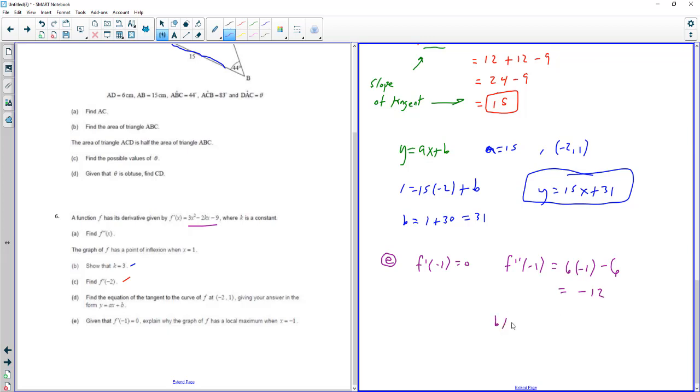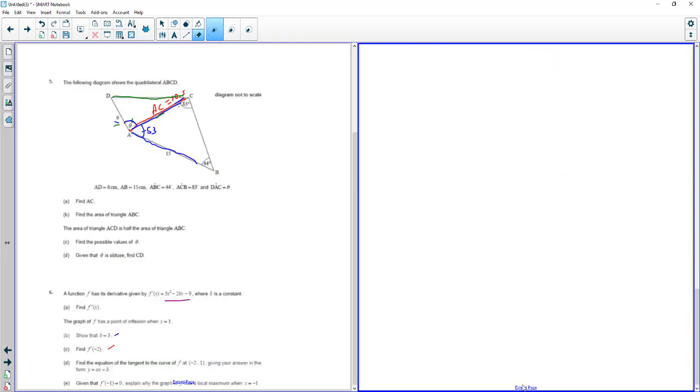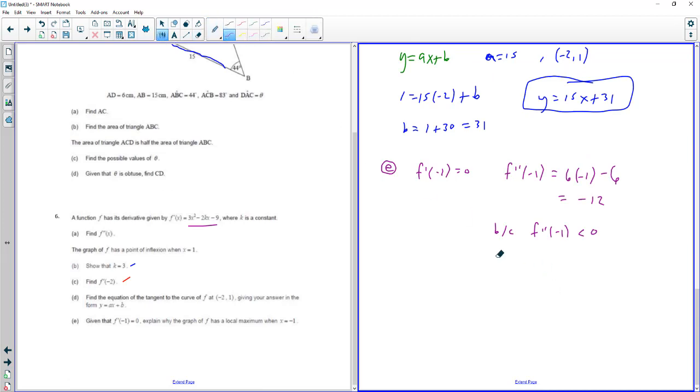So because f double prime of negative 1 is less than 0, giving you some justification here, because that is the case, f of x is concave down at x equals -1.